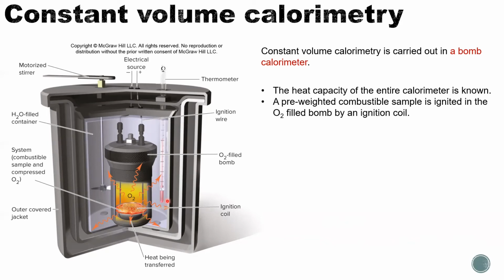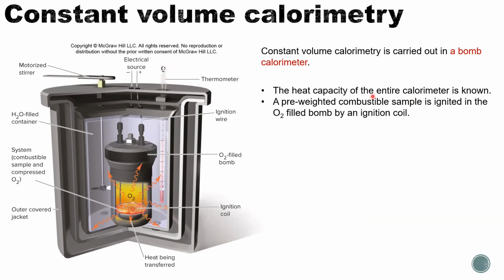We need to know the mass of the sample beforehand, and also the temperature of the sample beforehand. After we put the sample into this container, we can dose oxygen in and then use the coil to ignite the sample. It's burning, and after a while, it burns out, and the thermometer can read the final temperature of both the sample and the water.